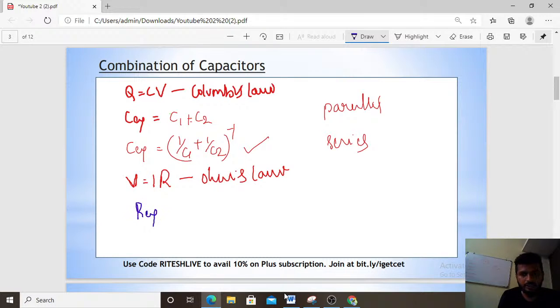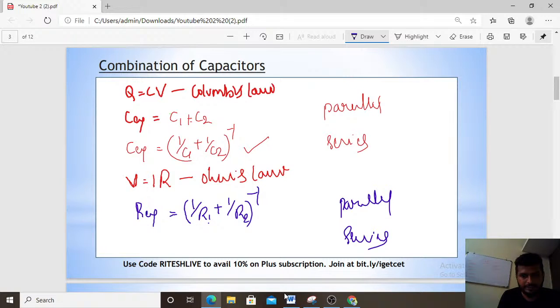R equivalent when parallel is 1 by R1 plus 1 by R2, whole inverse. When it is in series, R equivalent is R1 plus R2.